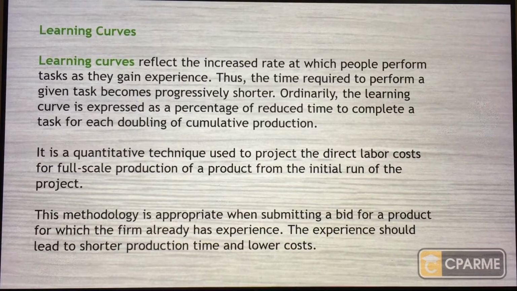for 6 hours. And then may rule lang tayo dito sa learning curve that for every doubling of production. Kasi sa mga lot requirements or the number of units to be produced, it should always be doubled.